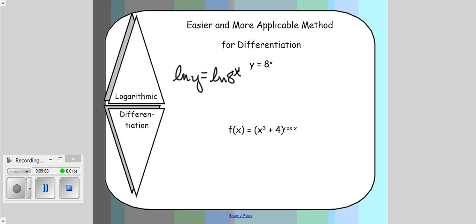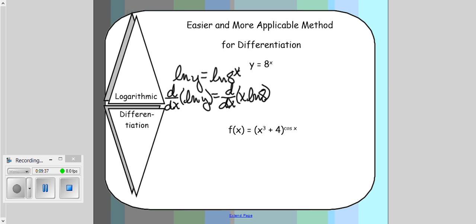It's really nice, and it helps on lots of problems to make them easier. So if I take the derivative of natural log y, that's going to equal the derivative over here, and I'm going to move the x out in front, x natural log 8.